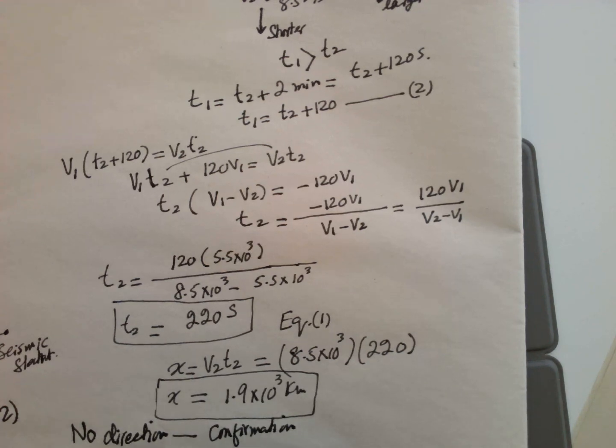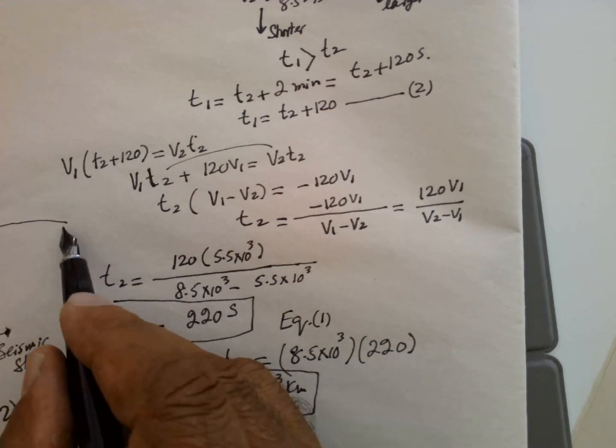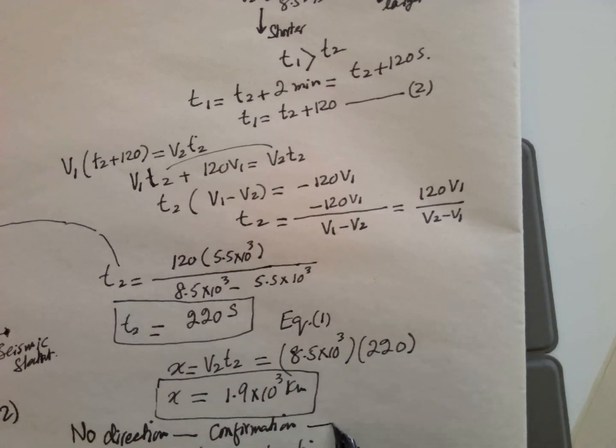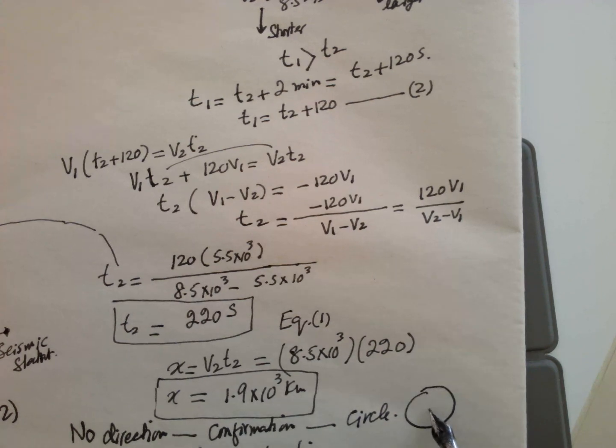So in order to confirm, to find the direction, because this epicenter can be anywhere on the circle, which has radius 1.9 into 10 to the power 3 kilometer. So this gives the circle on which the epicenter lies, with this being the station.